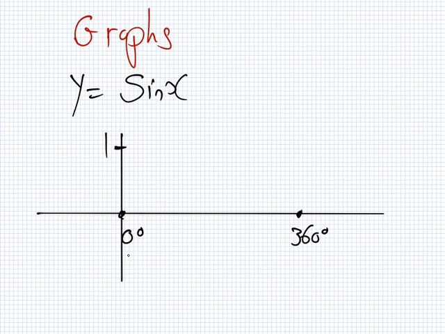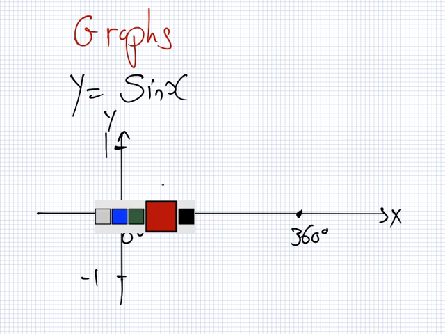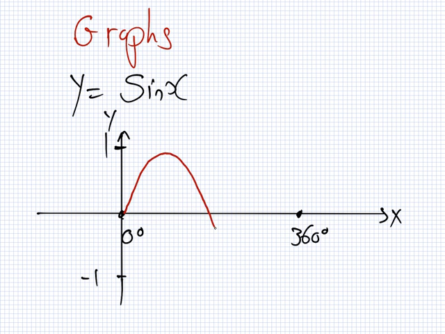It goes up to 1 and down to minus 1. X here and Y here. And the shape looks like this, where this point here is 180, this one's 90, this one's 270. So this is what sine x looks like as a graph.